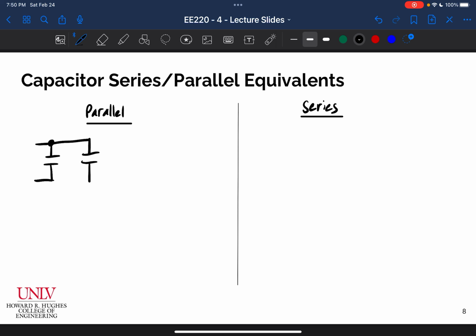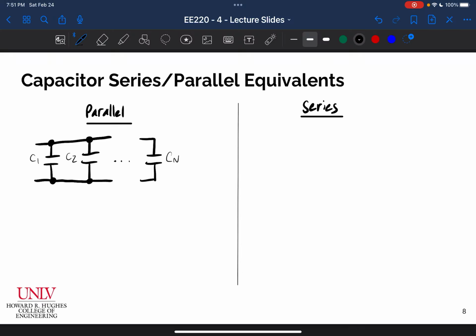If you need to review what it means for something to be in parallel, go back to module 1. And so let's say that these are my capacitors in parallel. Let's say I've got C1, C2, all the way out to Cn. Well, what I need to do is simply add them up to get the equivalent capacitance.